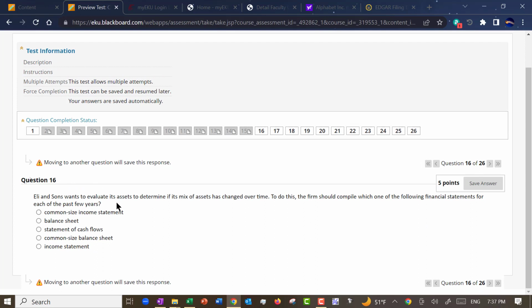Eli and Sons wants to evaluate its assets to determine if its mix of assets has changed over time. To do this, they should compile each one of the financial statements for each of the past few years. What do you think?